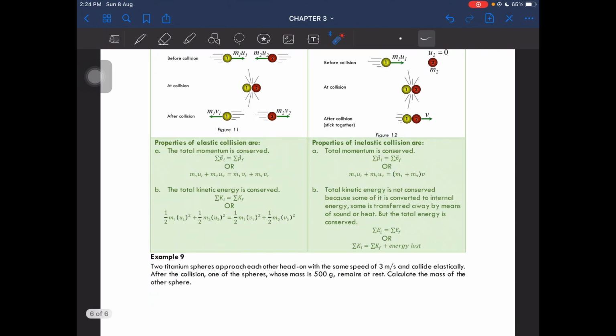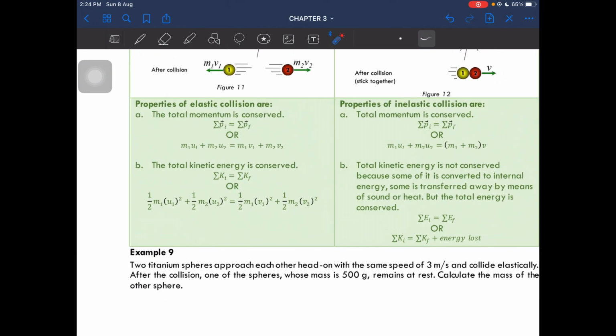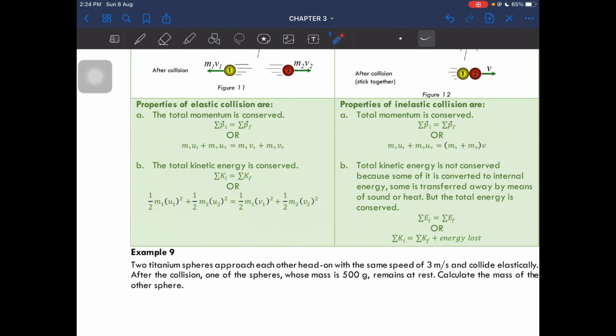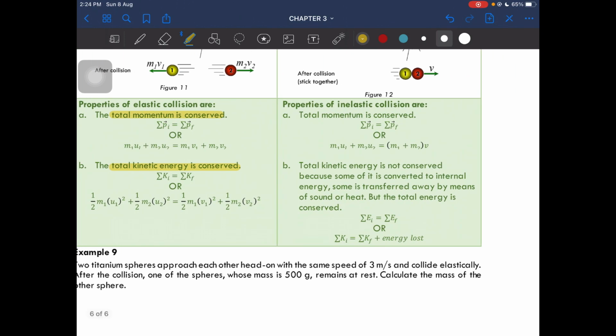Okay, so the properties of elastic collisions are as follows. The total momentum is conserved for elastic collision, and the total kinetic energy is also conserved. But for inelastic collision, the kinetic energy is not conserved.